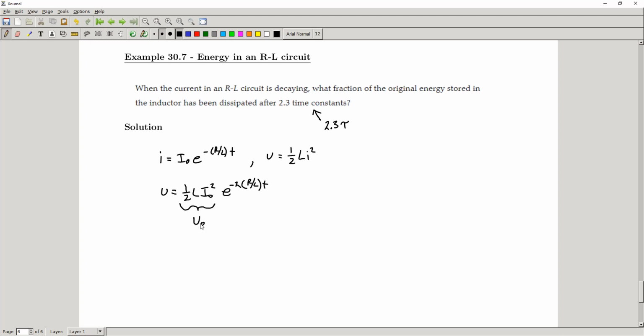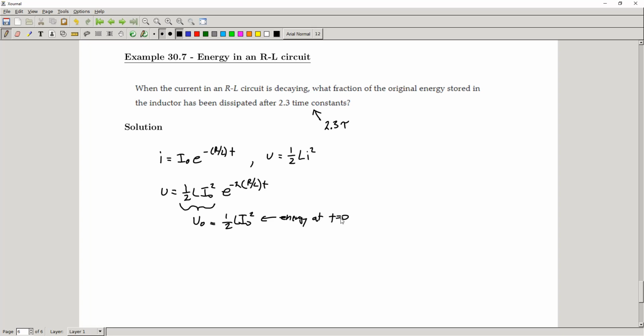U naught is the energy stored at a time t equals 0, because if t equals 0, then the whole exponent is equal to 0, and e to the 0 is equal to 1. So U naught is equal to 1/2 L I naught squared, the energy at t equals 0.